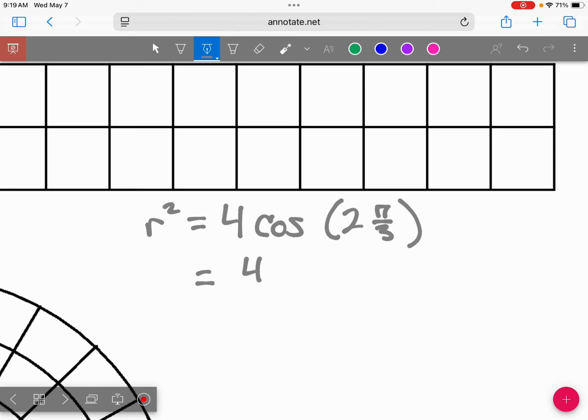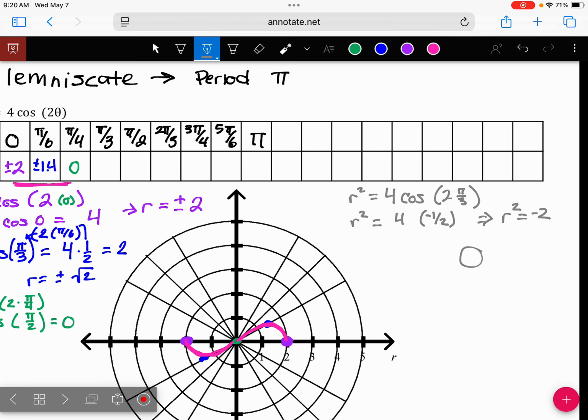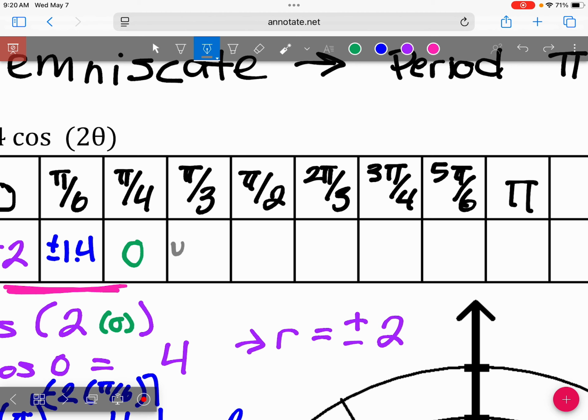It's negative 1/2, right? So our r squared is negative 2. What's the square root of negative 2? Undefined. It's imaginary. So it's not just that we have a hole or a discontinuity, we have a section of imaginary numbers. So this guy's undefined. We can't do anything with it.